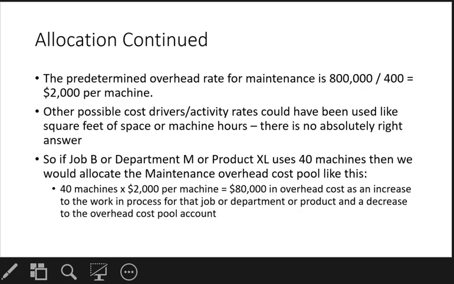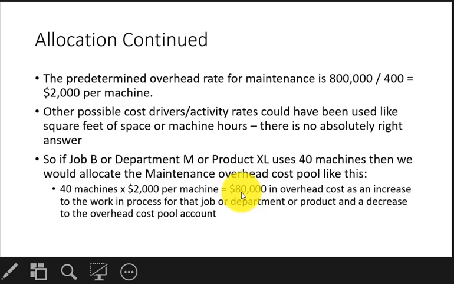So if job B, if we were doing job costing, or department M, which is the terminology we're going to use in process costing next week, or product XL, uses 40 machines, then we would allocate maintenance overhead costs like this. We would take 40 machines times $2,000 per machine, or $80,000 of overhead would go to job B or department N or product XL, whichever we were using.